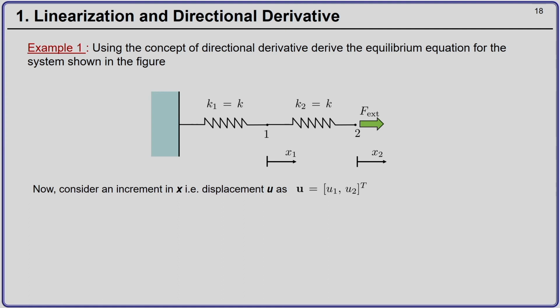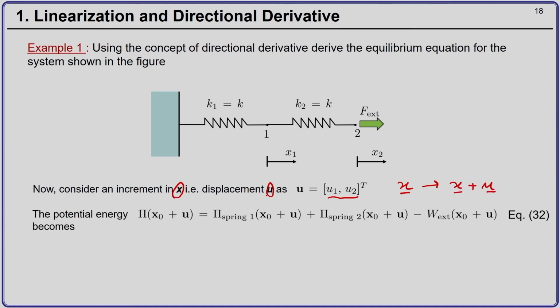Now, you consider an increment in x. From the equilibrium point there is a displacement u, where u is given by u1 u2 transpose. It is a vector. So, from the equilibrium position, if there is a displacement u, what will be the change in the potential energy of the system? From x you have gone to x plus u.